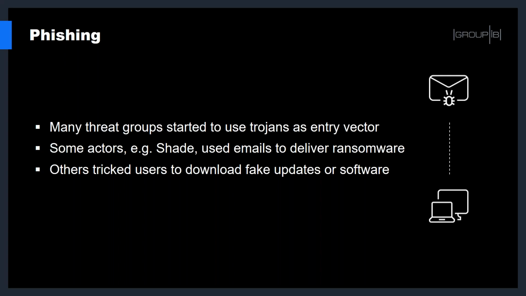Then they used TrickBot to move laterally, to harvest credentials, and to get access to the network, and to run different post-exploitation frameworks like PowerShell Empire, Cobalt Strike, etc. So they can compromise the whole network successfully, and they can gain domain admin credentials, they can compromise the domain controller, and they can use the domain controller to finally distribute ransomware.